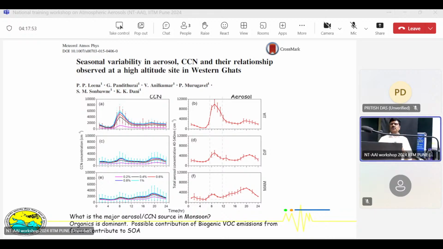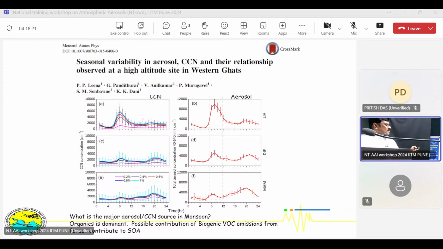Subrata was talking about activation fraction. Suppose 1,000 particles were pushed into the CCN counter, and outside the CCN counter you are seeing 500. Then 50% of the particles got activated as cloud condensation nuclei. That is an activation fraction of 0.5.